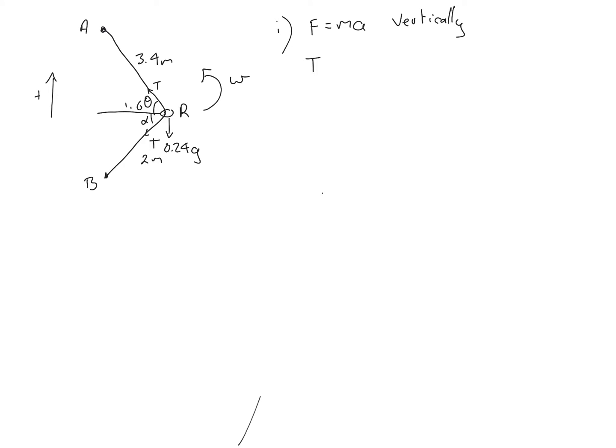Somebody used tan, which was bad. Was it on this question, or was it another question? It was this question. Okay, so we want vertically, that's going to be T sine theta positive minus T sine alpha minus 0.24 g equals 0.